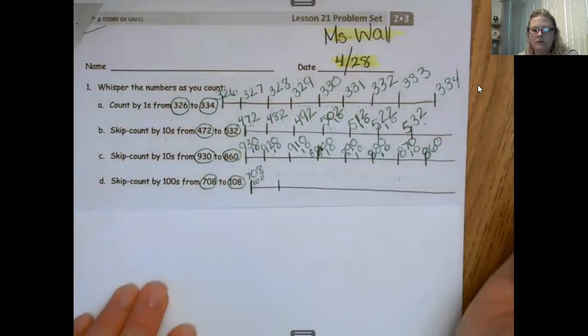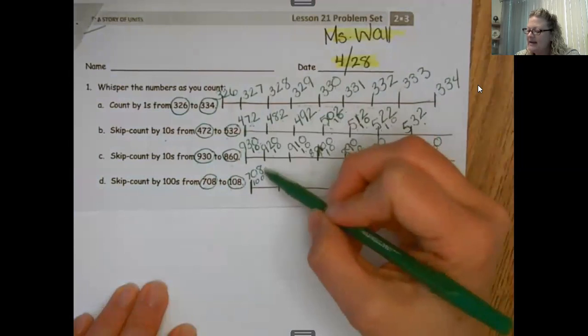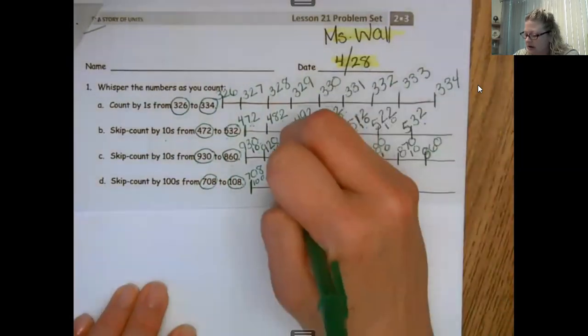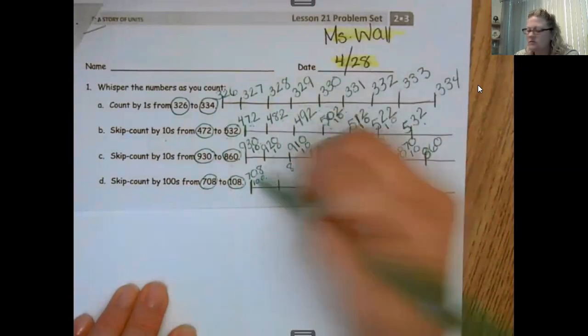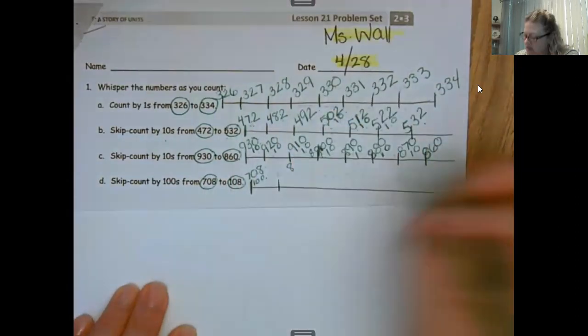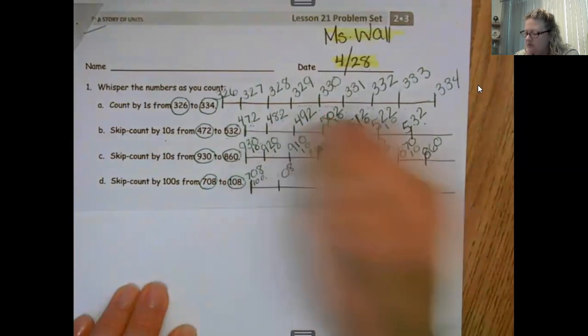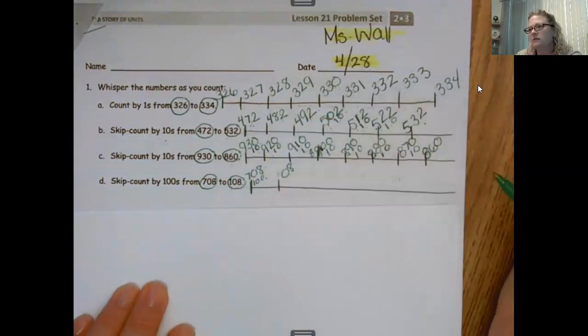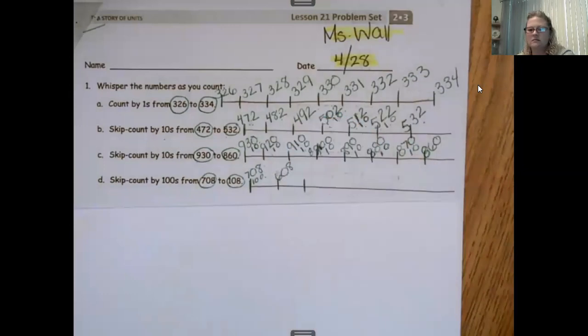It might help you. And what is 8 take away 0? 8, good. And what is 0 take away 0? 0, perfect. And what is 7 take away 1? 6, good job.